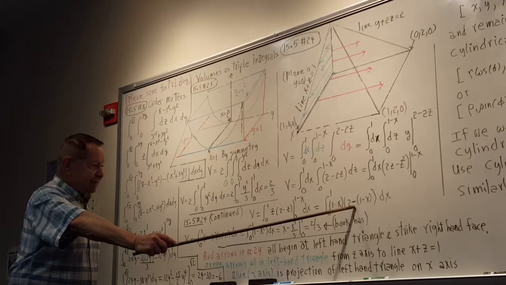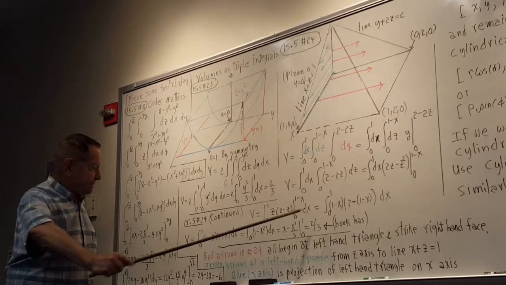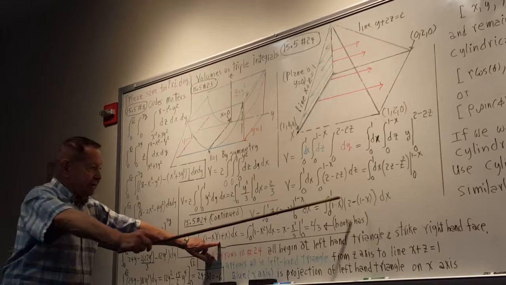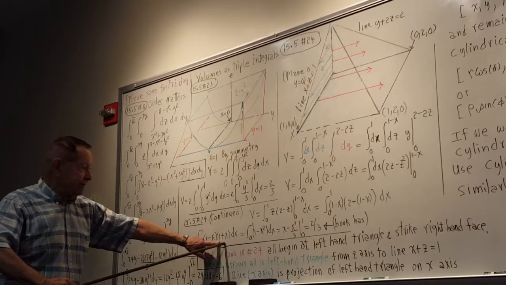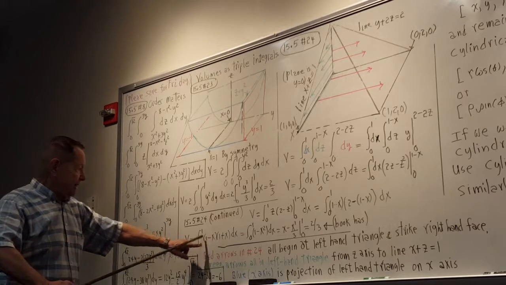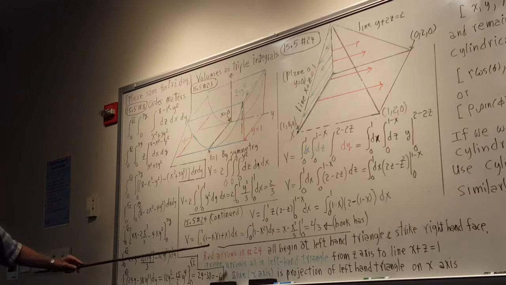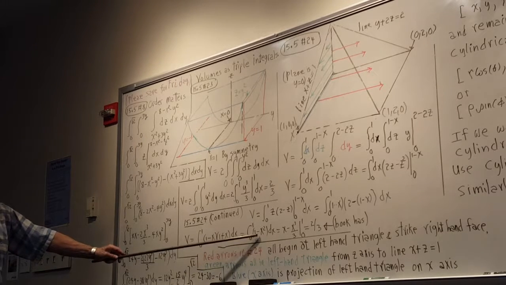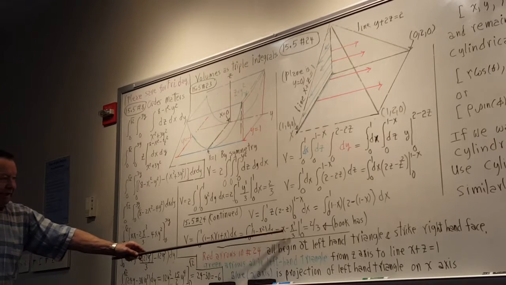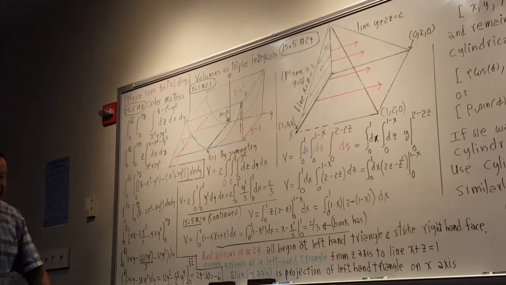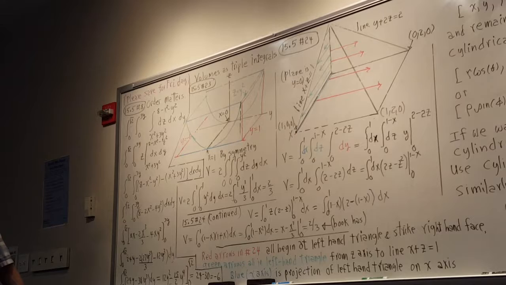So 2 minus 1 minus x is 1 plus x, which is back over here, and I have the 1 minus x. I went ahead and multiplied that out and did the two terms here with x, and it comes out with the 2/3.